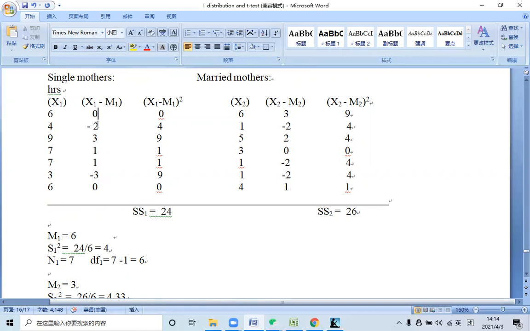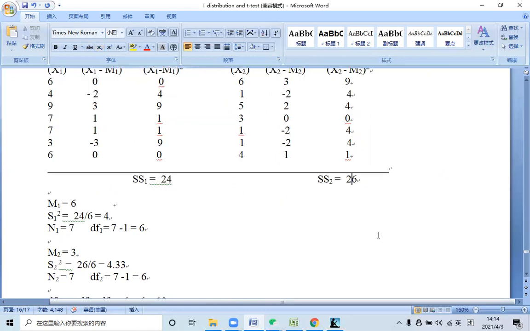For this person, 0, -2, you get some squared deviations. Sum of squared deviations for the two groups. And you get the degrees of freedom. Degrees of freedom for the first group, 6. Second group, 6.